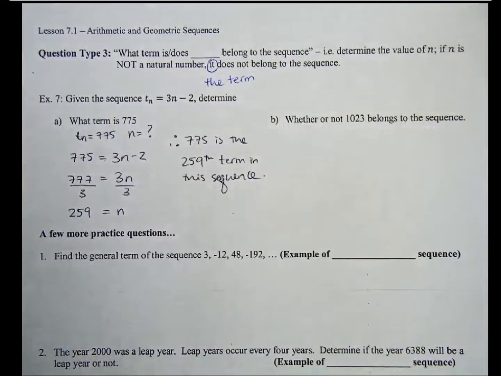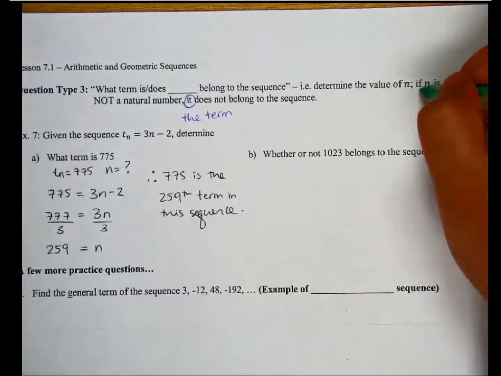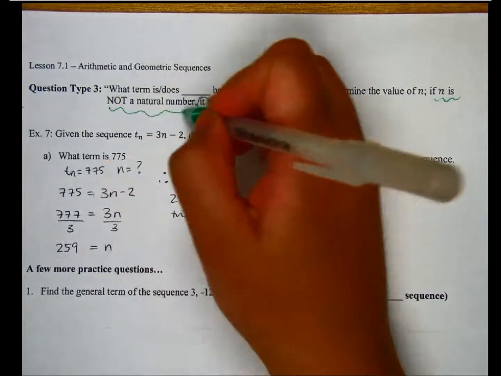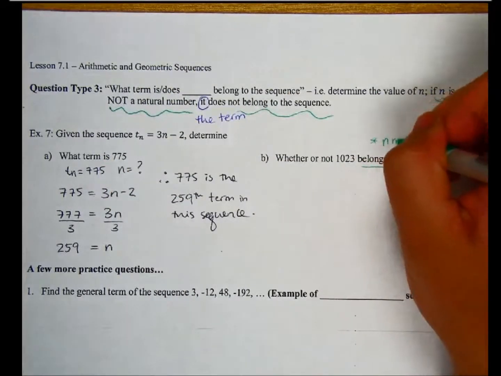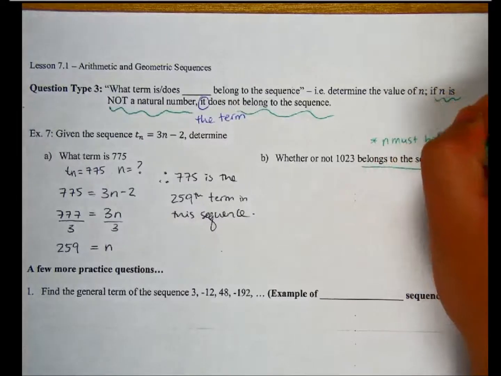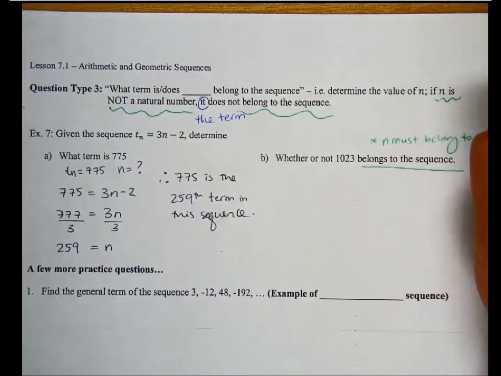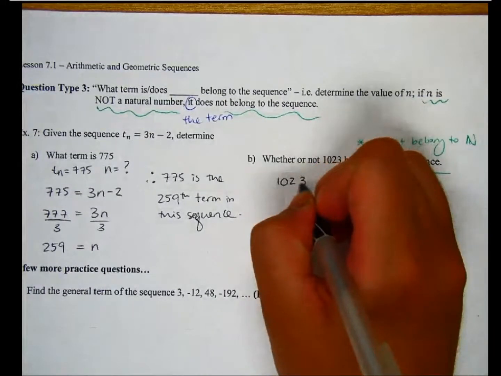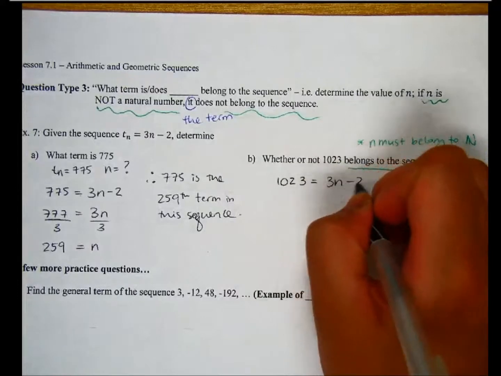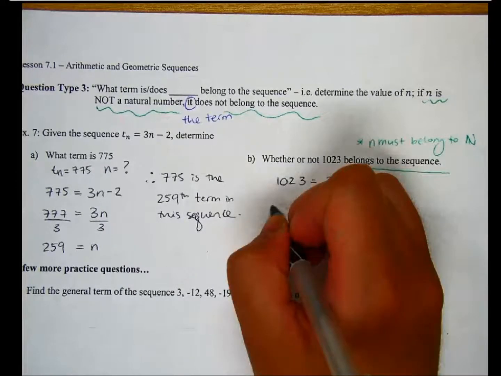For part B, whether or not 1023 belongs to the sequence. So again, we need to remember n must belong to the set of natural numbers. All right, so do the same thing as in part A. Sub in 1023 for Tn and solve for n.